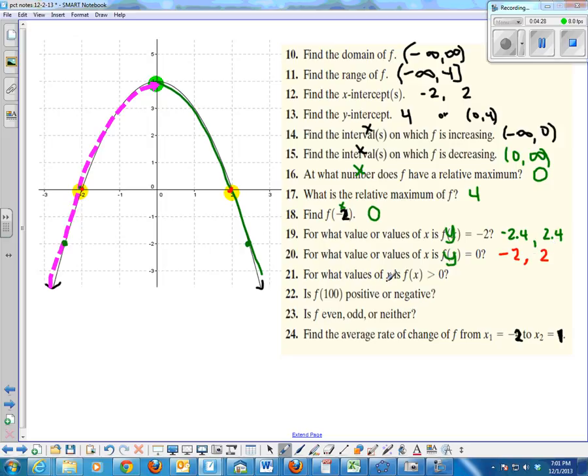For what values of x is f of x, remember that's y, greater than 0. We can see on the graph that that's going to be this part of the graph, where the y values are greater than 0. So the x values where that occurs are from -2 to 2, non-inclusive.